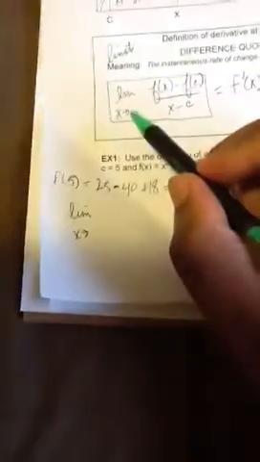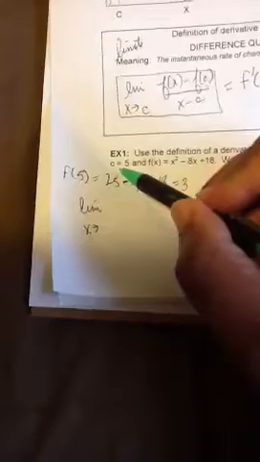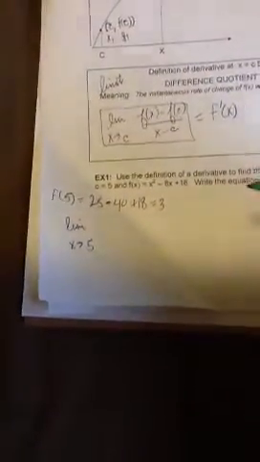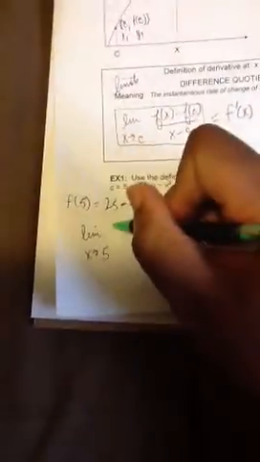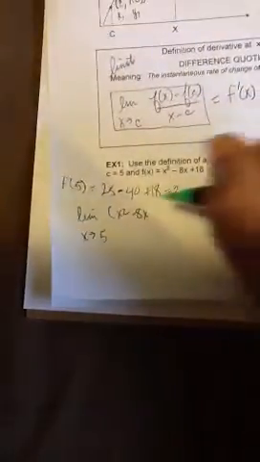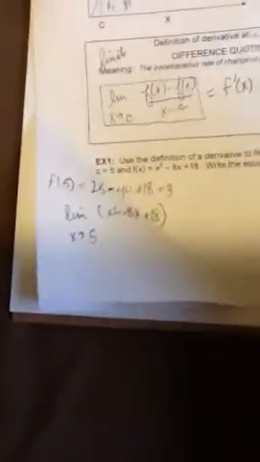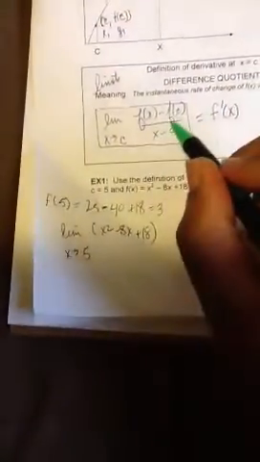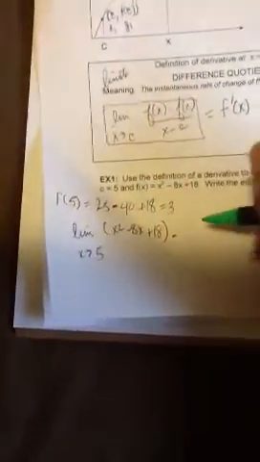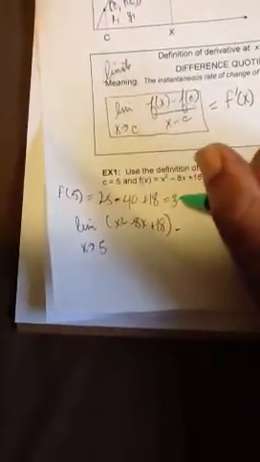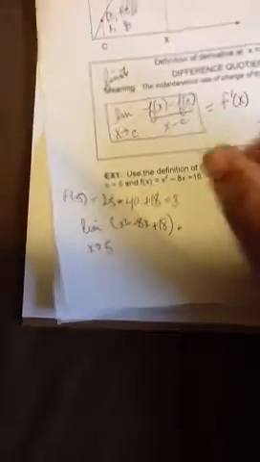So when I do my limit, the limit as x approaches, I want it to approach the c value. C is 5. So as x approaches c of f of x, f of x is x squared minus 8x plus 18, then minus f of 5, which we said was 3.